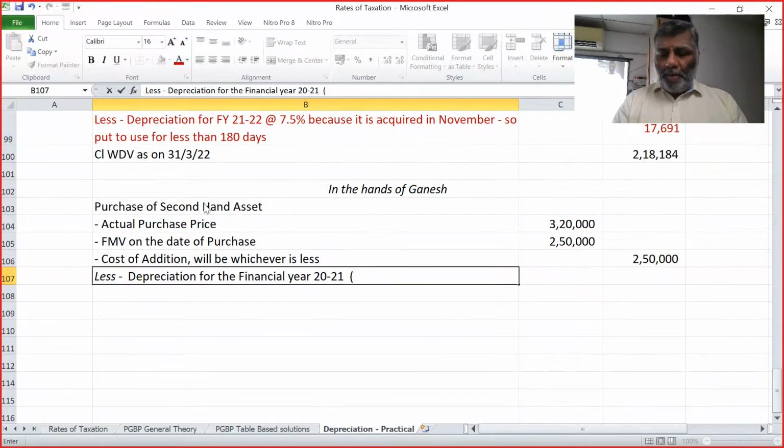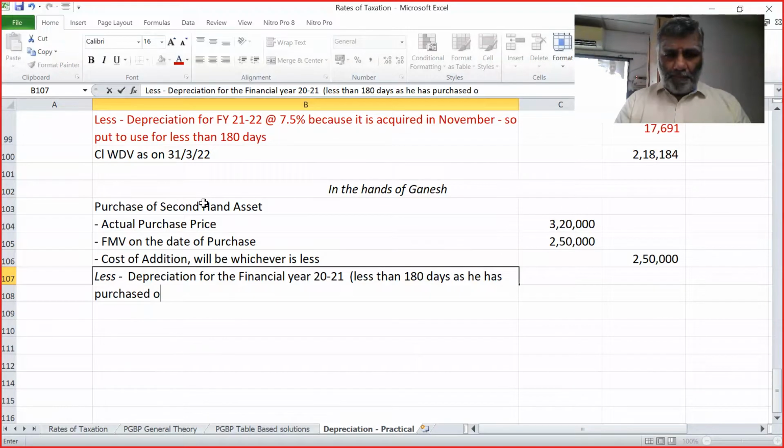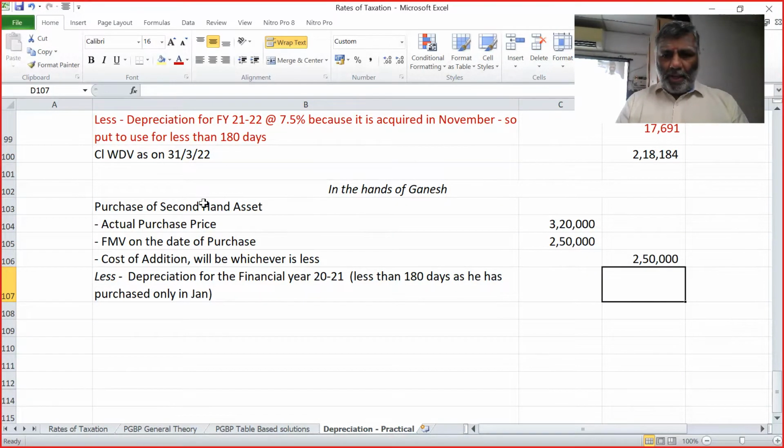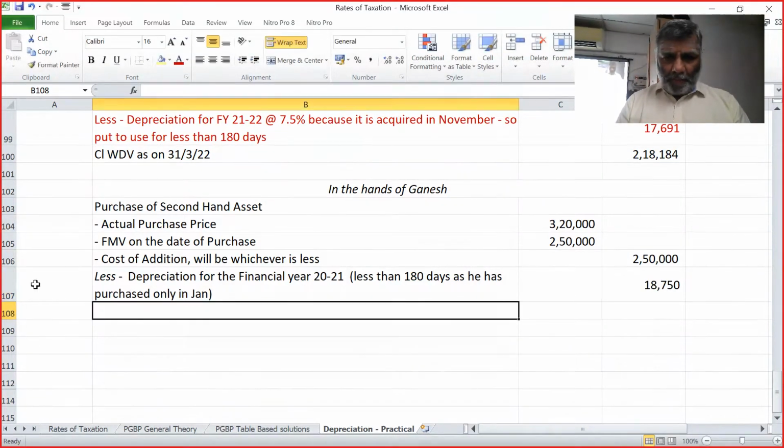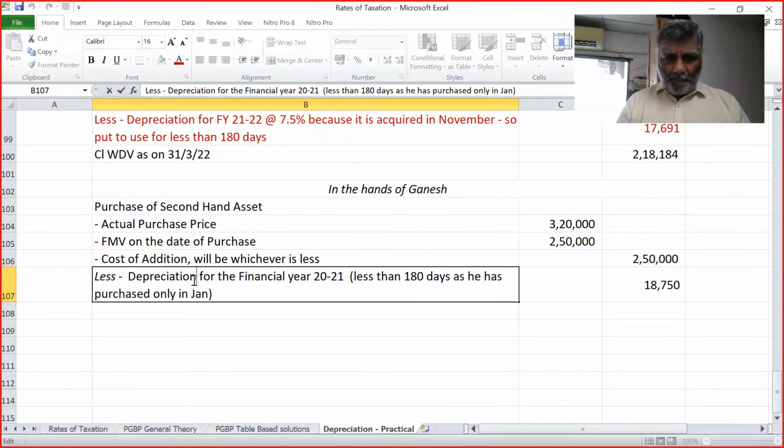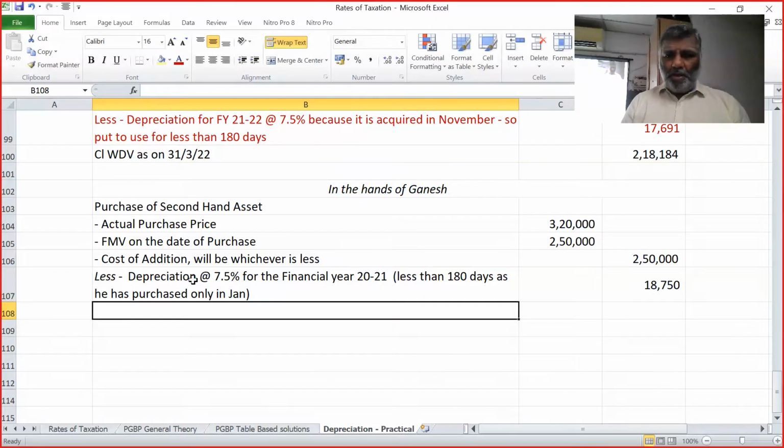Less than 180 days as he has purchased only in Jan, so depreciation at the rate of 7.5% for that financial year.